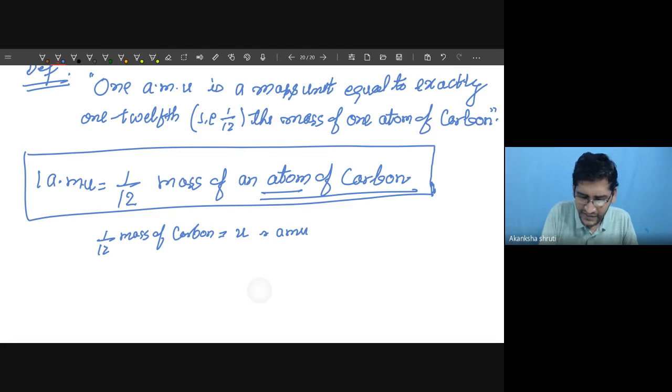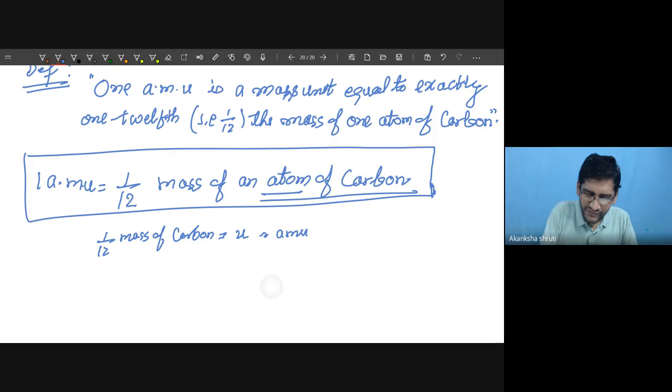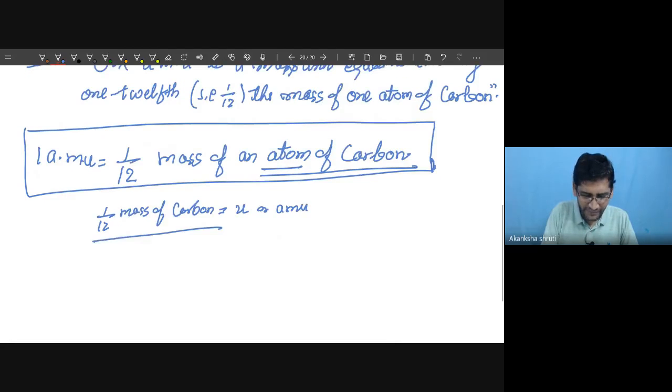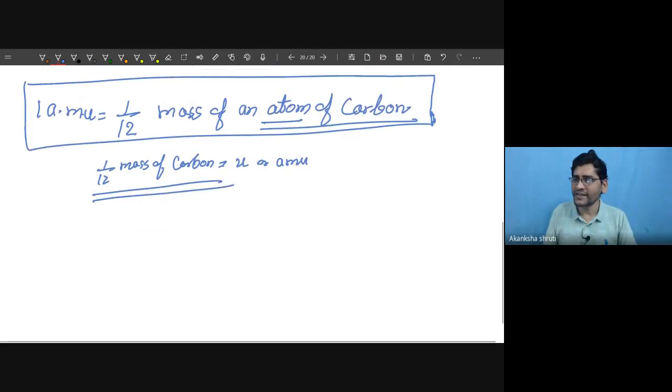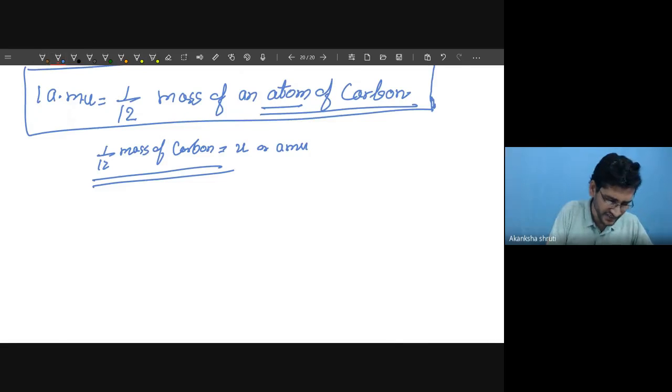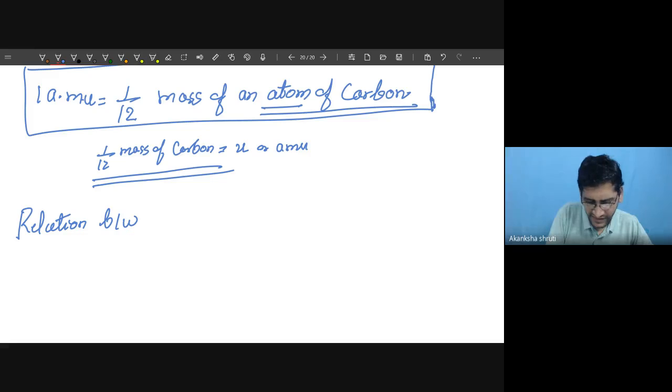It simply means that. Now we know that initially the mass was expressed in gram. So 1 AMU is equal to how many grams? So write, relation between AMU and gram.